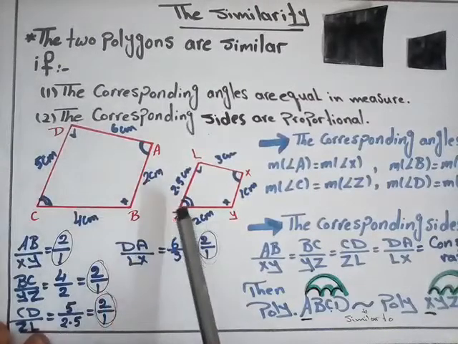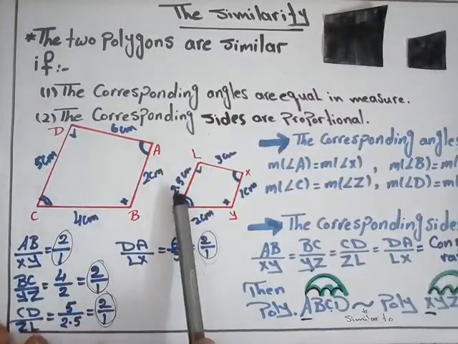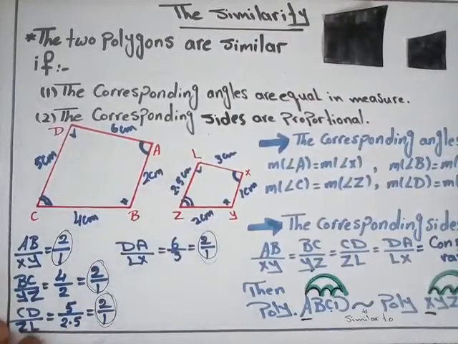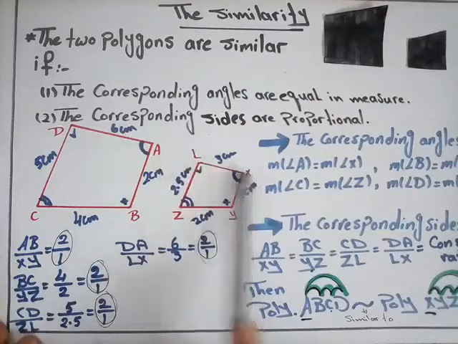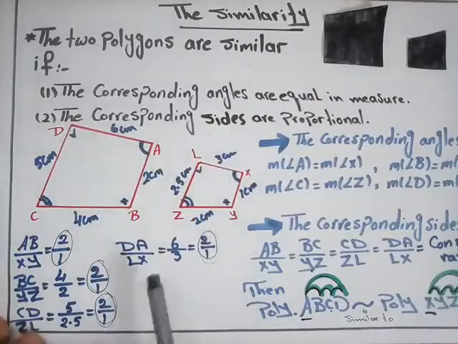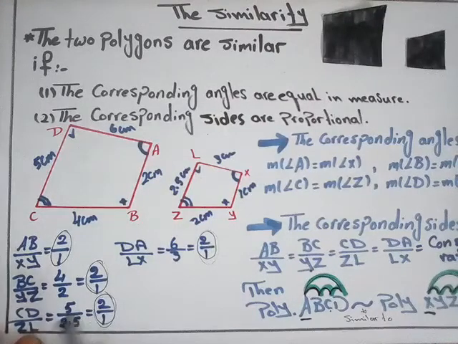CD over ZL, 5 over 2.5, equals 2 over 1. DA over LX, 6 over 3, equals 2 over 1. From these corresponding sides, we note that the ratio between each two corresponding sides is the same. Then these sides are called proportional sides.